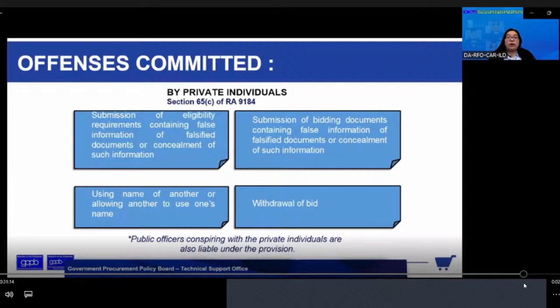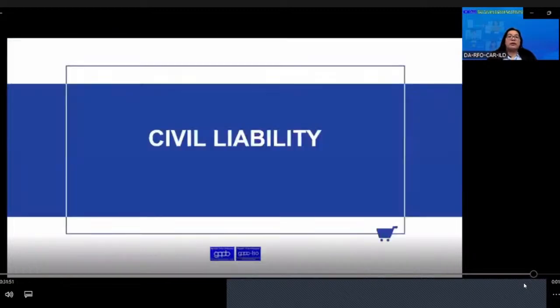For example, kung yung withdrawal of the bid naman has some valid reasons, as in, for example, ang nakita ko dito na ganito, yung may namatay yung proprietor, and as a reason hindi na nila maasikaso, so the officials, they withdrew the bid of that company where the owner has died. So those are examples of justifiable, pero hindi naman din 100%. Sabi ko nga na yung pag-withdraw ng bid ay offense in itself, no?